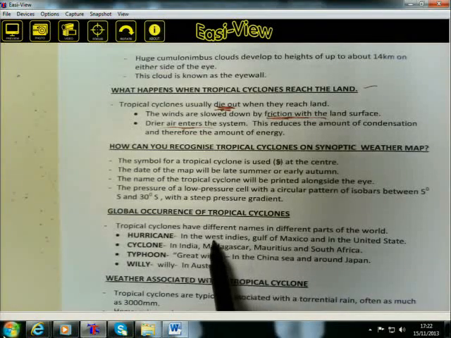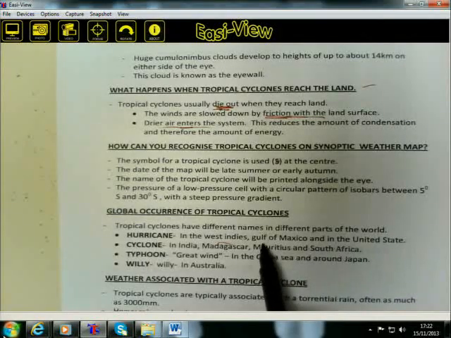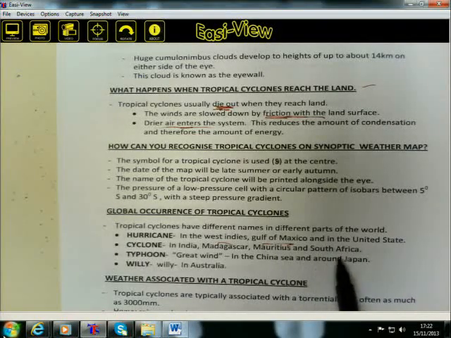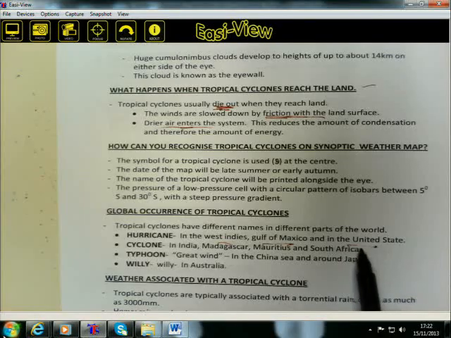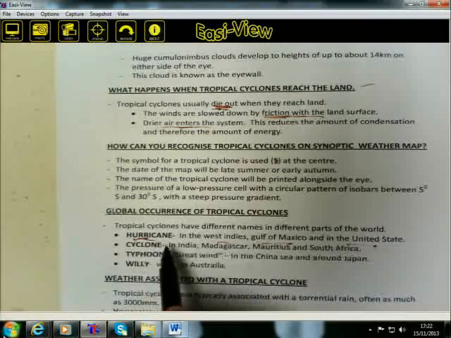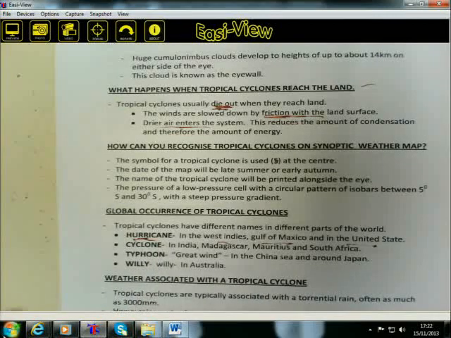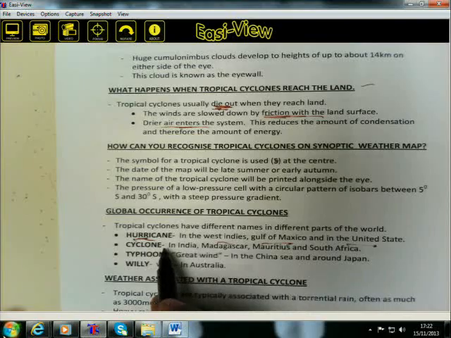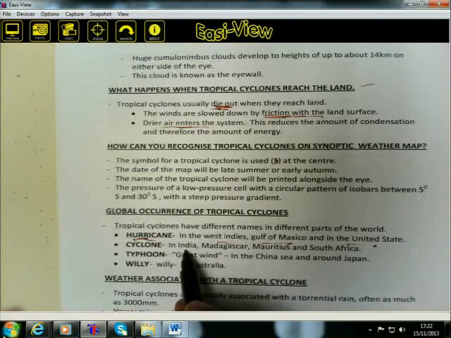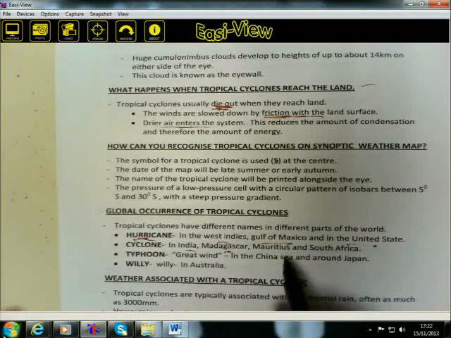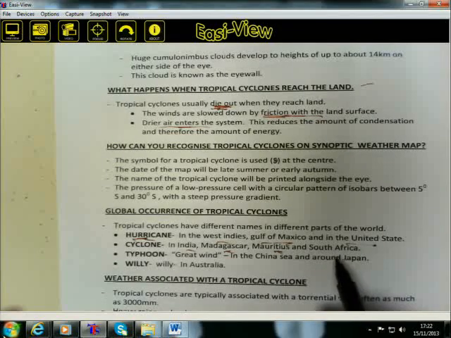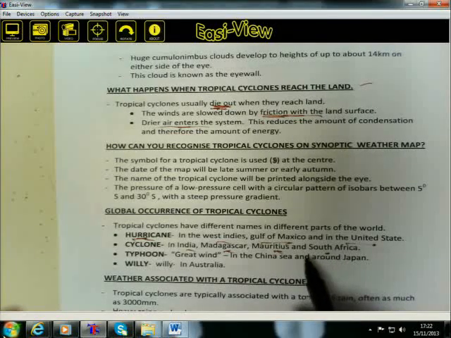In the West Indies, in the Gulf of Mexico, and in the United States, remember, tropical cyclones are known as hurricanes. It doesn't mean it is something different. It is still the cyclone. It is only the name that they are calling the tropical cyclone with. But in India, in Madagascar, in Mauritius and South Africa, we are calling it a cyclone.